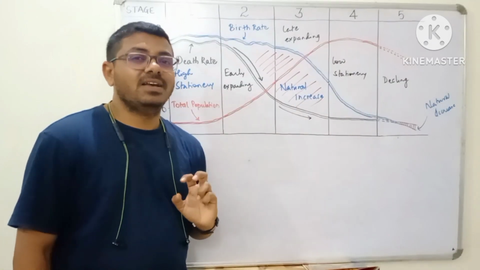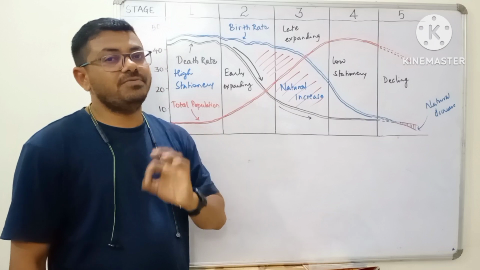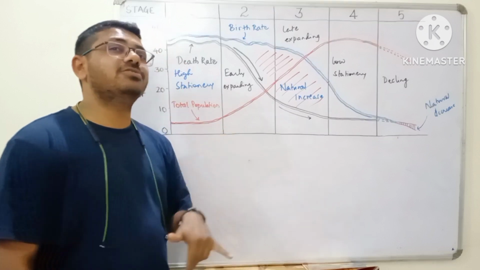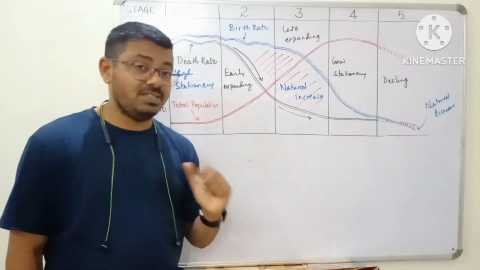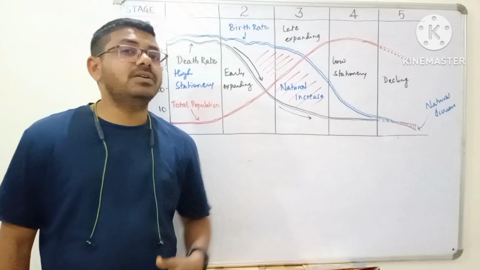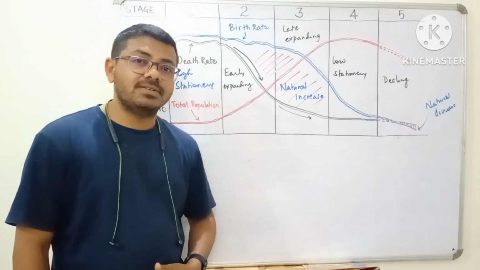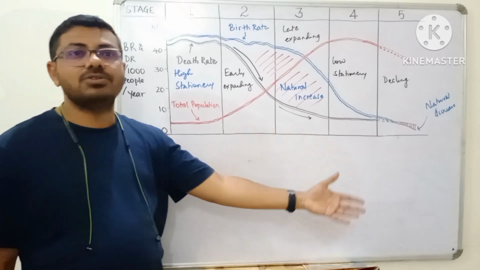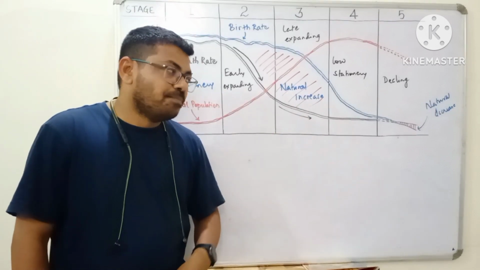But then after the fourth there will be the fifth. So the fifth stage is dangerous. The third stage is also dangerous, because if any country is in the third stage, the total population will be growing at a rapid rate, and that is not good for the country, because then they will have a shortage of many things.